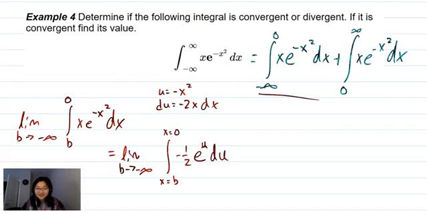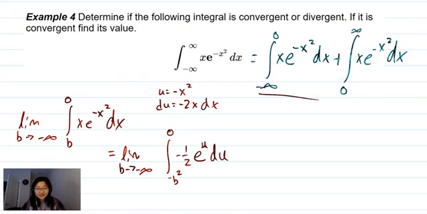Yes? And then, well, I could also sub that back in, right? Well, I guess u, this part is just 0. And then b is going to be negative b squared.